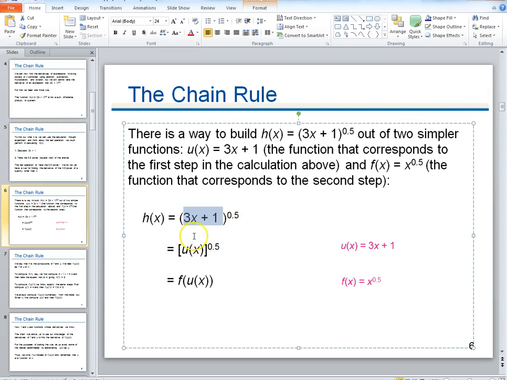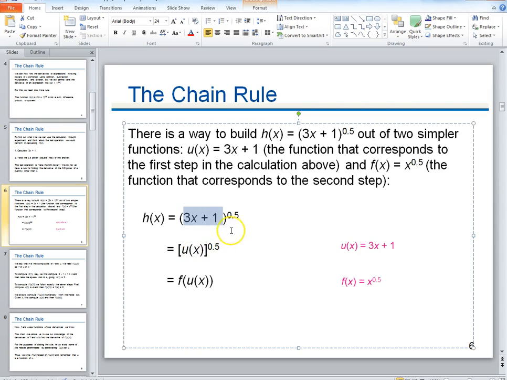So I'm going to call the inside part u of x, because it is a function of x. Don't you agree? It is a function of x, so I can call it something of x. I'll call it u of x.